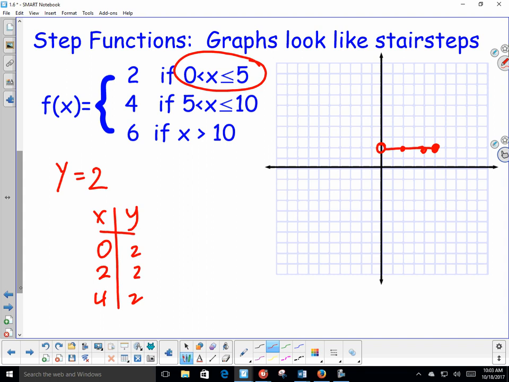Yes, ma'am. All right. Then the next one that we're going to graph is y equals 4. So describe what I should be drawing on my graph, Grace J. So I want a horizontal line at y equals 4, like this.